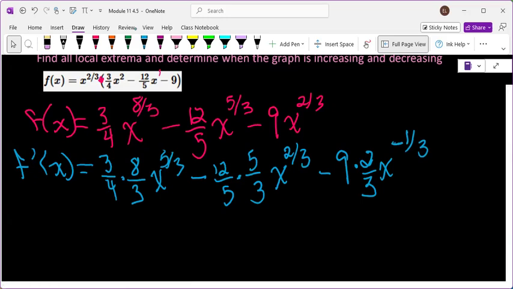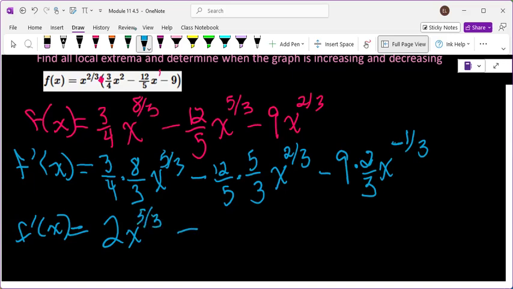All right, so we'll go ahead and clean that up. So this will be 2x to the 5/3 minus 4x to the 2/3 minus 3 times 2, 6, x to the negative 1/3.